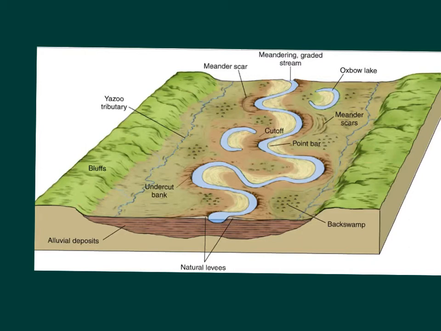Okay, here we can see a diagram pulling all of our lower course landforms together. You've got your meander, you've got your oxbow lake being formed. But you can also see this very flat floodplain area. If you look at the bottom, you've got this lined alluvial deposit. So alluvium is actually the name of any sediment put down by a river.